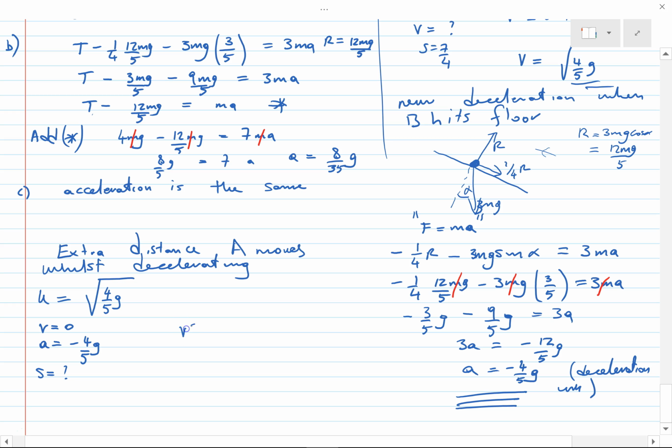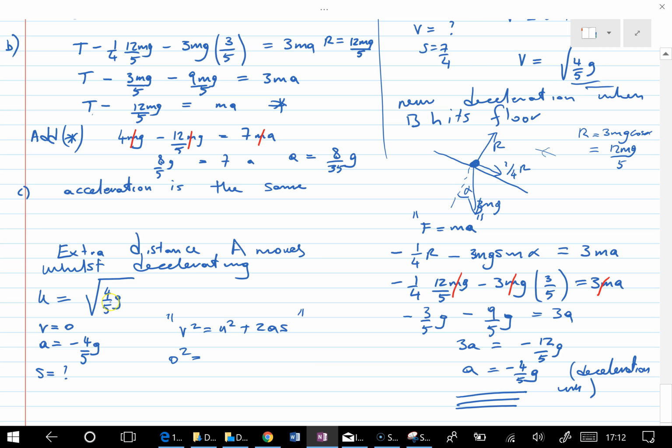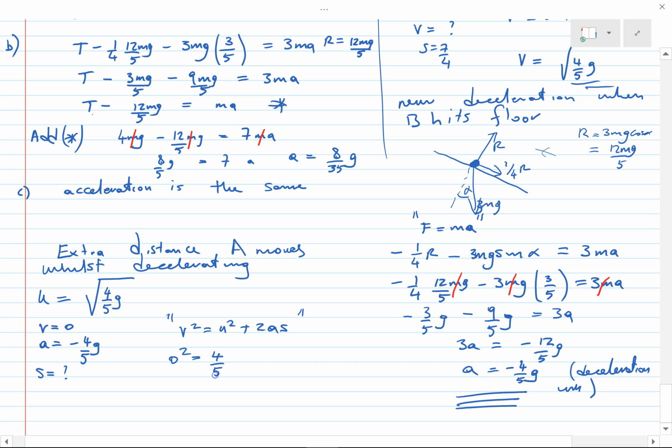So we use v squared equals u squared plus 2as. So that's 0 squared is equal to u squared, which is 4 over 5g, plus 2 times minus 4 over 5g times s. Now clearly here g cancels, and in fact what we end up with is 8 over 5 s is equal to 4 over 5, so s is equal to 0.5.